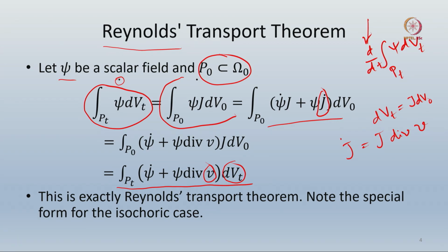If there is no scope for confusion, if this small v as velocity does not appear in the expression or in the entire page, then I can use d small v itself as the spatial volume element. It should be clear from the context. This is exactly what the Reynolds transport theorem is. If you want to take the time derivative inside the integral, you get an extra term, psi divergence of v.